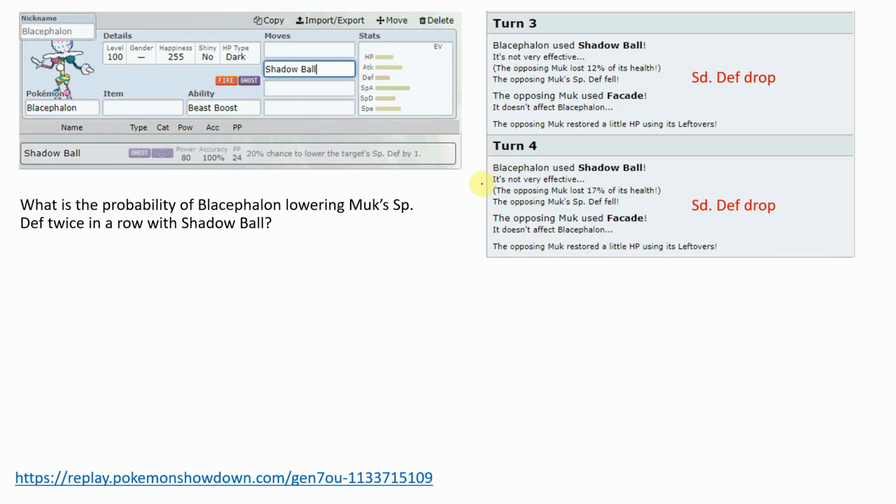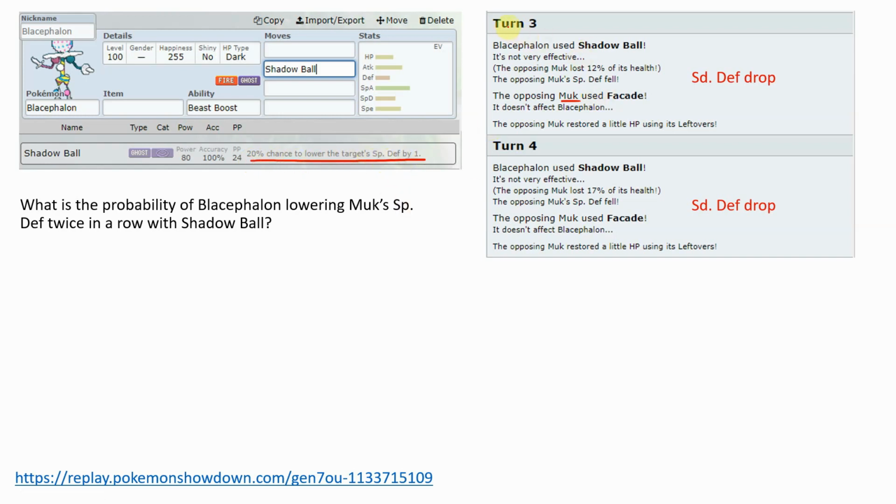Let's have a look at this succession of moves. So we've got the Pokemon Blacephalon, who was having a battle against Muk. He was using Shadow Ball, and Shadow Ball is 100% accurate, so we don't have to consider that. It's always going to hit. And it has a 20% chance to lower the target's special defense.